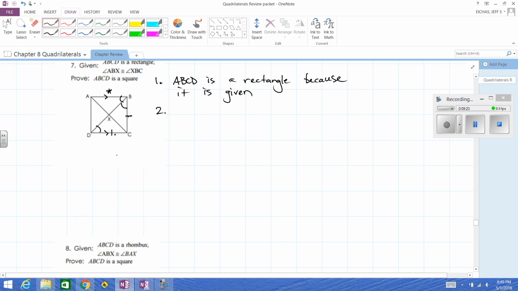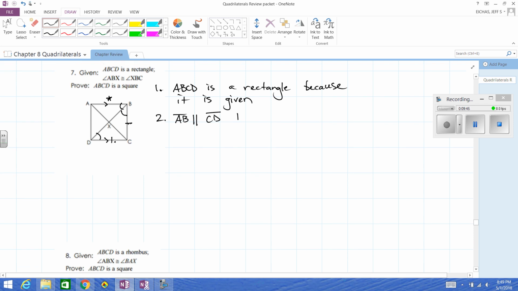That's going to upgrade it to, instead of upgrading it to a rhombus, it's going to be a rhombus and a rectangle, which is a square. So because it's a rectangle, what we have is AB is parallel to CD, and that is because opposite sides of a rectangle are parallel.